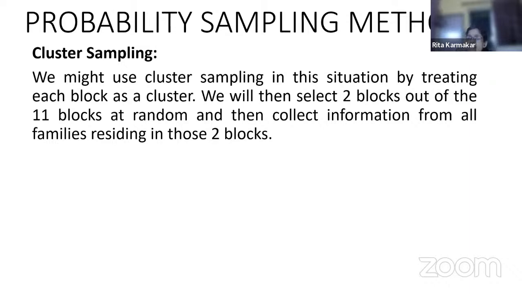Now we have divided this entire population into 11 clusters, and we select, for example, 2 blocks out of these 11 at random. Now 2 blocks are selected, and we need to collect information from all the elements coming under these 2 blocks.